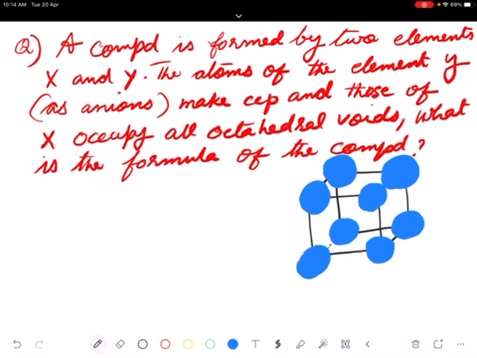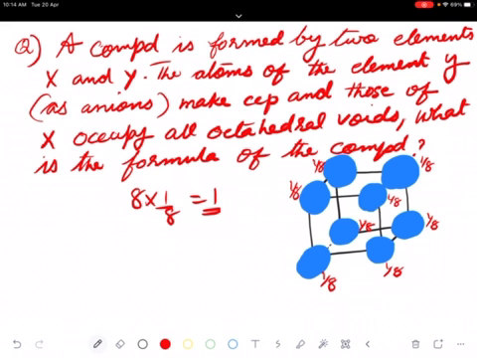From each corner, the contribution is only 1/8. 8 into 1 by 8 is 1. So atoms of Y means there is only 1. Y is 1.